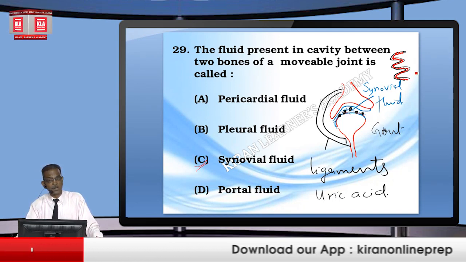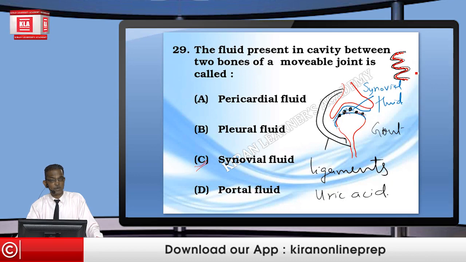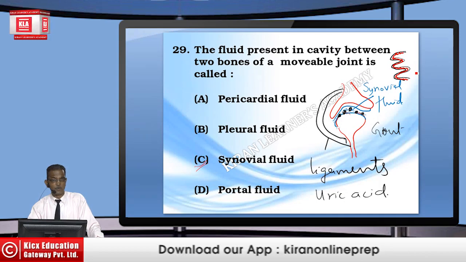So they are not synovial anymore. They are non-synovial, without any synovial fluid. But in case the joint is synovial, the fluid present is the synovial fluid.